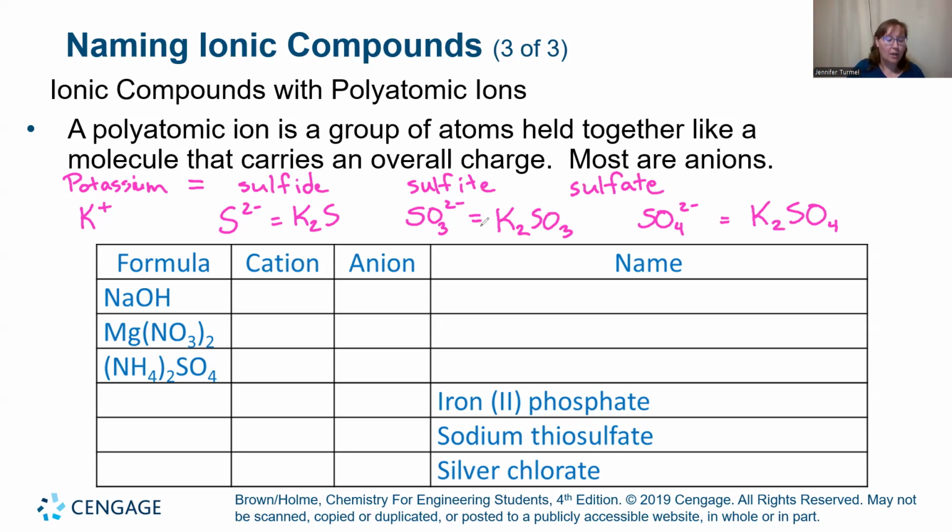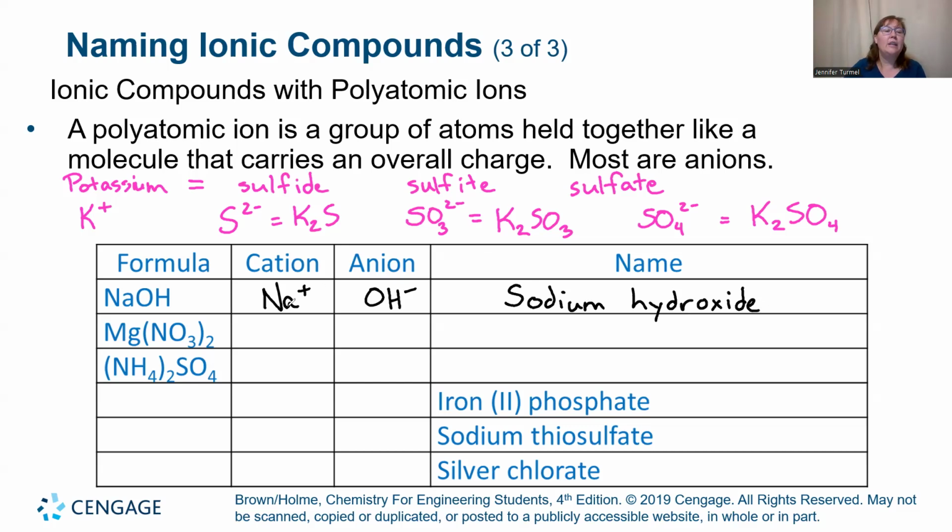All right, so now let's take a look at what we're working on here. This first one starts with the cation sodium, and then it has the anion OH-. So this becomes sodium hydroxide.